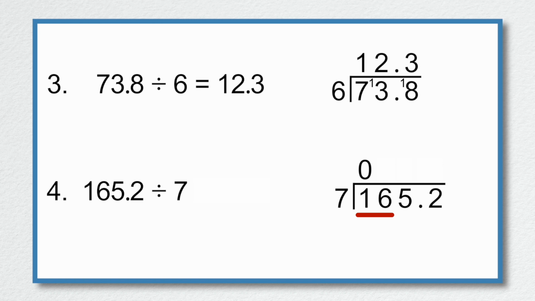And 7 goes into 16 2 times, because 2 7s are 14, with a remainder of 2. 25 divided by 7. 7 goes into 25 3 times, because 3 7s are 21, and we are left with a remainder of 4. Put the 4 next to the 2 in the tenths column. 42 divided by 7 is equal to 6. So 165.2 divided by 7 is 23.6.